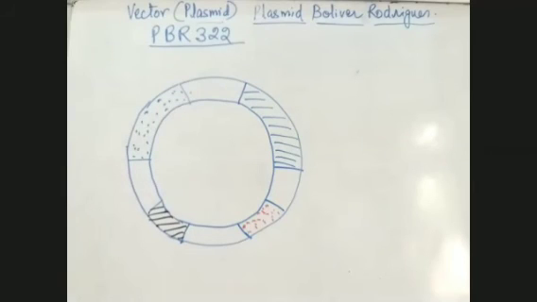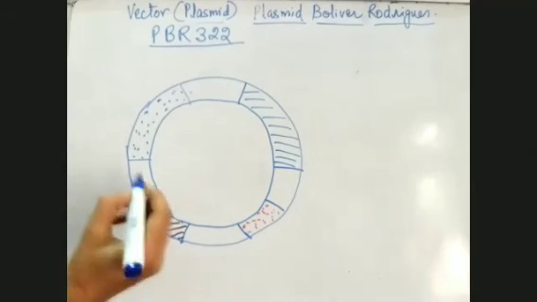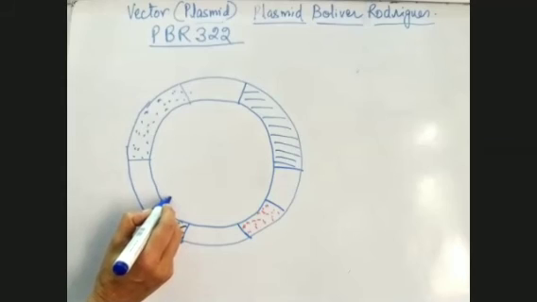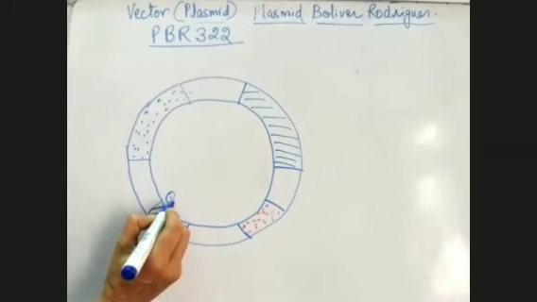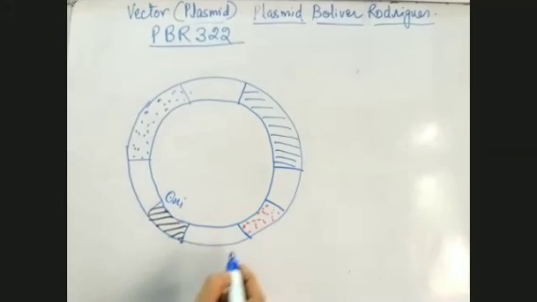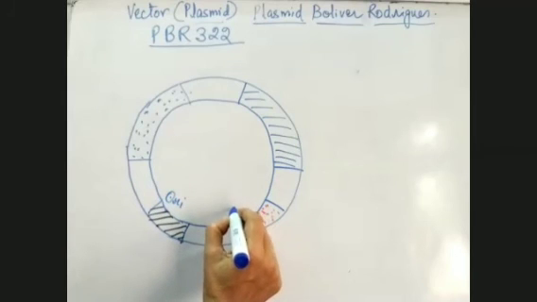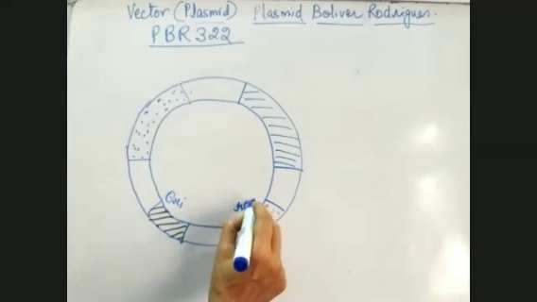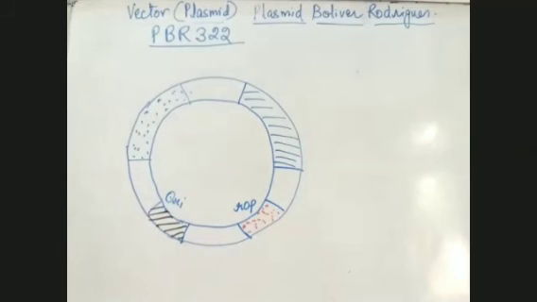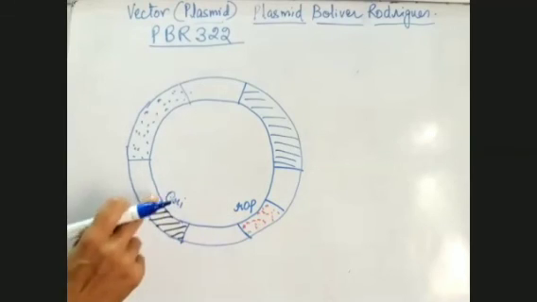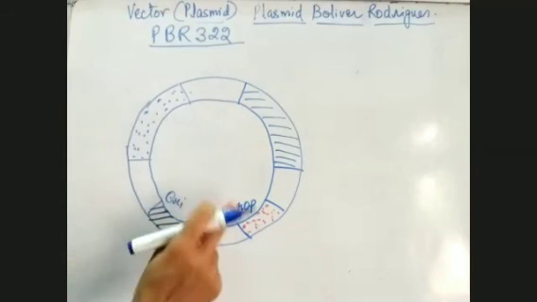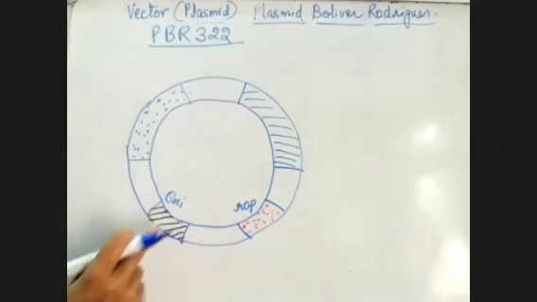Now it is written here ORI. If you see, it's written here ORI. This is origin of replication, and this is ROP. That means this has the gene for that protein which helps in synthesis of copies, many copies. ORI, origin of replication.